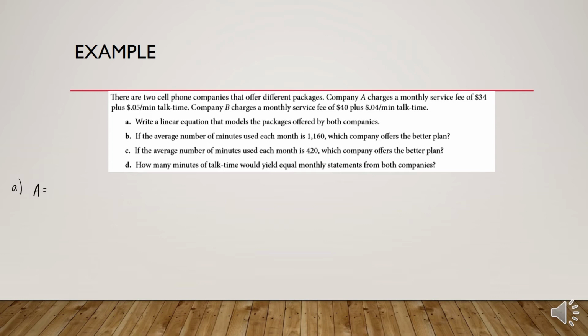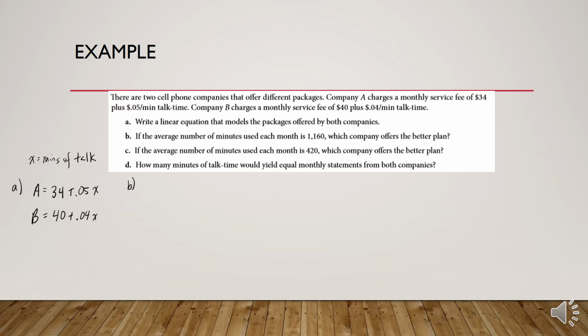So what we need to do is say that x is the number of minutes of how much you talk. Then for company A, they're going to charge you $34 just for having a phone, plus 5 cents for every minute. For company B, they're charging you a flat fee of $40 and then 4 cents for every minute that you talk. So those would be our two linear equations.